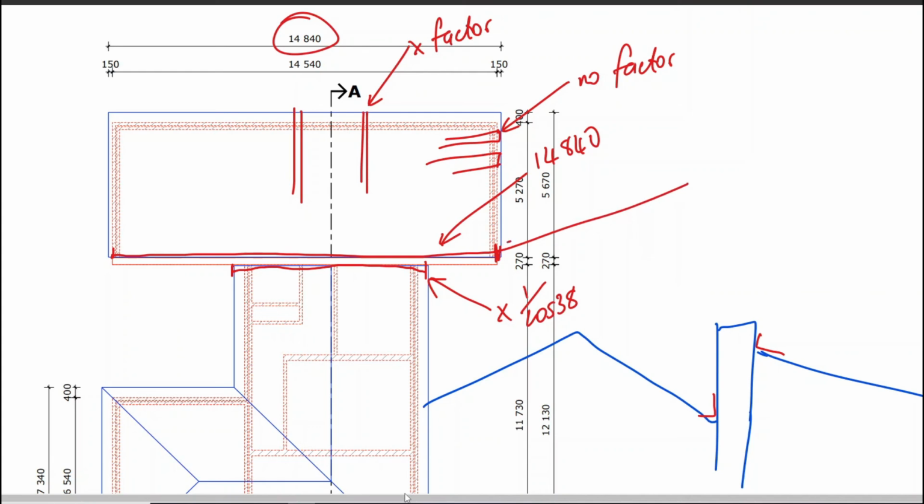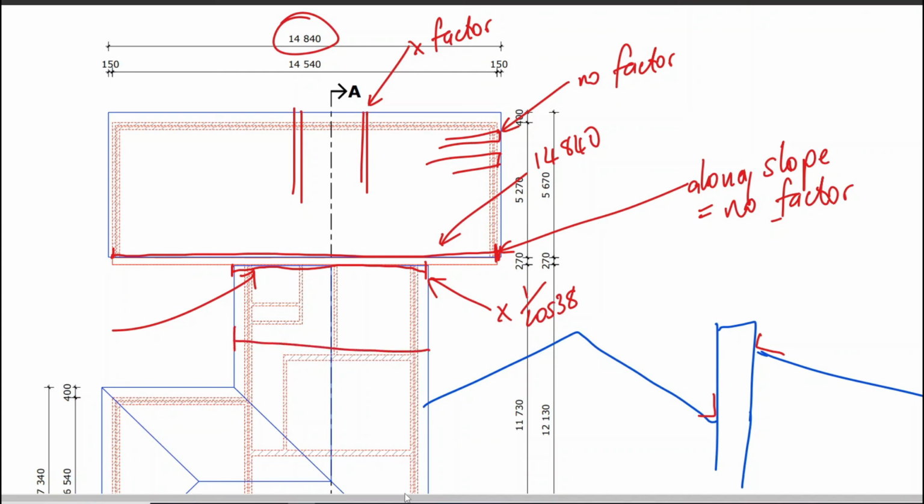This flashing here is along. So no factor. And this one up and then back down a slope. So you're essentially going to take this length and simply apply a factor as if it was all running in the same direction.